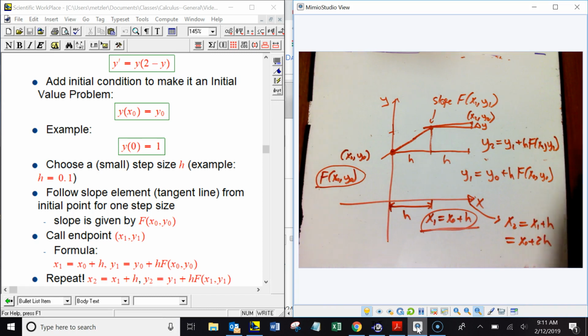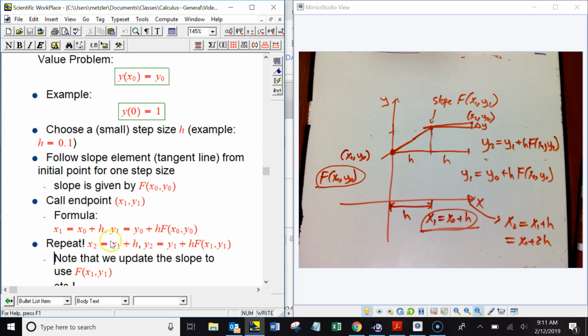So the punchline, let's see, I have it over here in a little more pretty printing. So we follow that slope element with slope given by f of x0, y0. And so we get x1 is x0 plus h, y1 is y0 plus h times f of x0, y0. Here's what we just did, the repeat step. We're going to add another h to x.